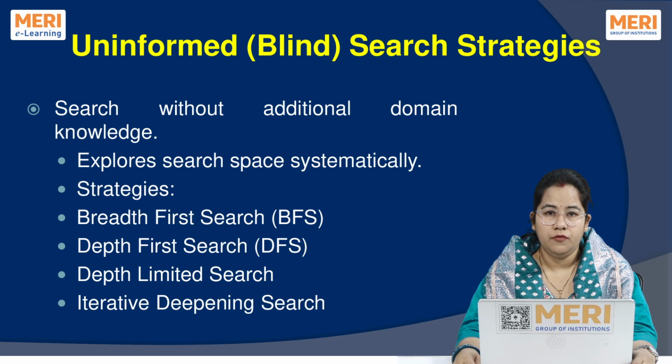The main uninformed search strategies include breadth first search, depth first search, depth limited search, and iterative deepening search. These methods are simple and easy to implement, but their efficiency depends heavily on the size of the search space. In large or complex problems, uninformed search may require significant time and memory.